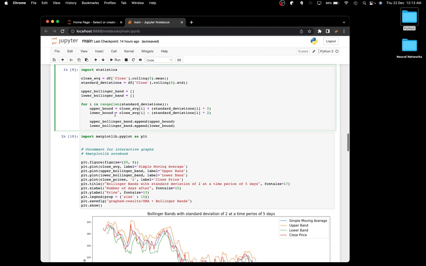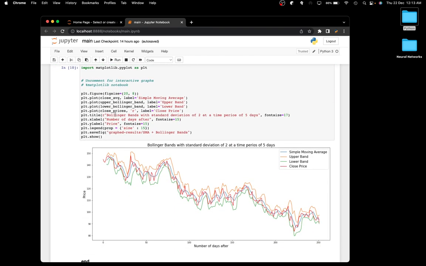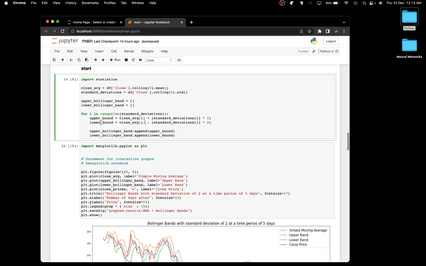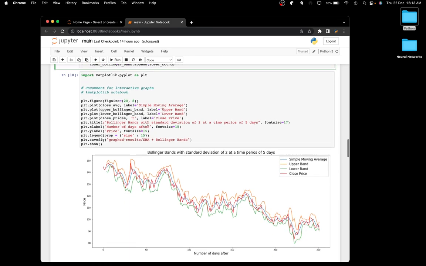Now the way Bollinger Bands work is that you have a simple moving average and then you draw two lines, two plots, on the top and the bottom of that simple moving average. So basically a standard deviation of 2. So what you do is you add a multiple of 2 to the standard deviation, effectively saying that you want to scale up your standard deviation to 2, and then you add it to your close average, and for the lower bound you subtract it from your close average to get the lower line.